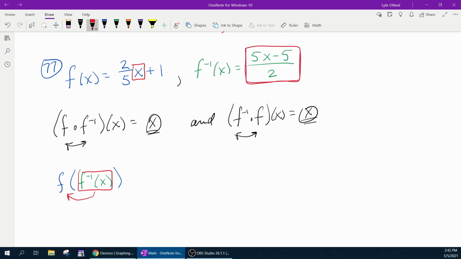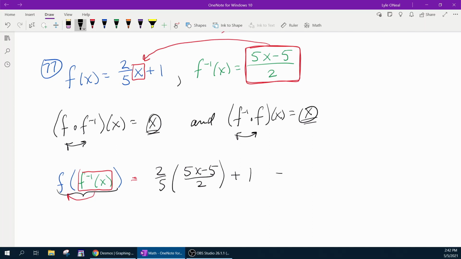We're going to take all of this stuff and stuff it in here. All right, so what is that going to give us? That's going to give us 2/5 times (5x minus 5)/2 plus 1. That's what f of f inverse looks like.